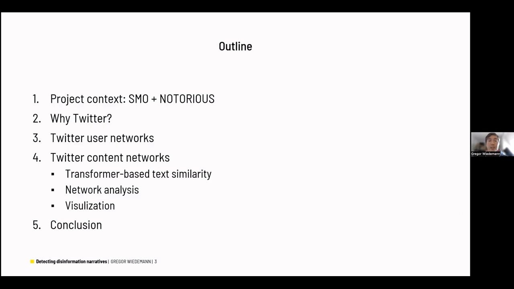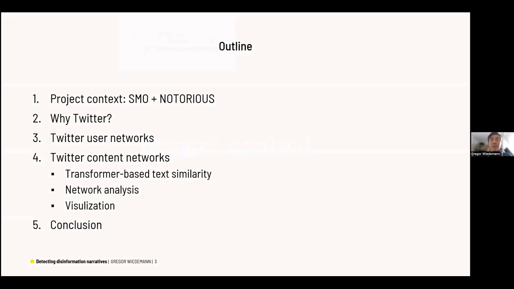They analyze user networks, but our goal here is to create networks from actual content that is shared and posted on Twitter. We want to dive deep into this content to analyze a certain topic and narrative, and how we can do that is the main part of the second half of this talk. And I hope we have an interesting discussion of this approach afterwards.